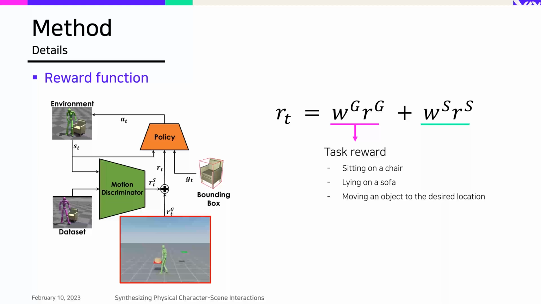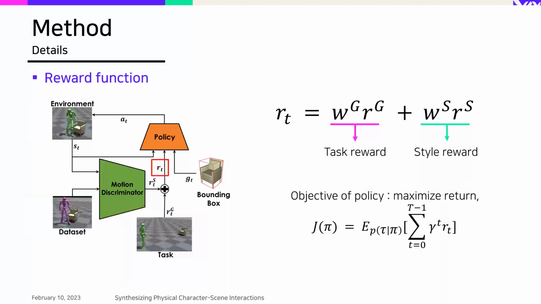And I think the bounding box is additional information about the environment that the motion should be limited to. And I wonder if it can generate some kind of variations to the motion. Looking at the previous slides, there seem to be motions like lying down on a sofa or sitting on a chair.